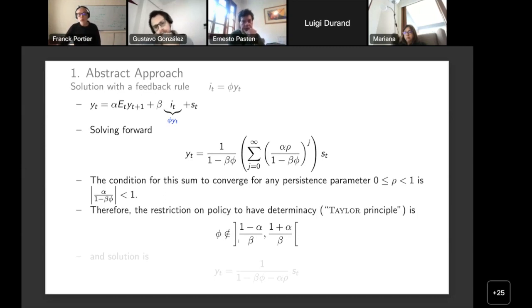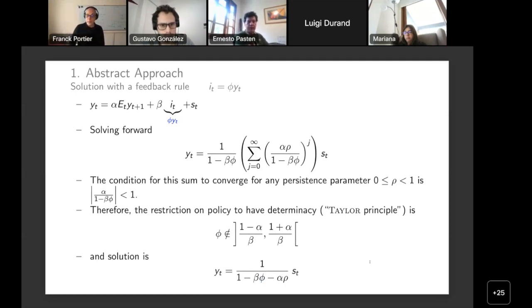Under that restriction, I can solve this forward as an infinite sum that converges, and then I get my solution. In the end, my solution is that the endogenous variable is a function of the state, and of course that parameter depends on the policy parameter phi. So that's what we do when we solve with the Taylor rule.